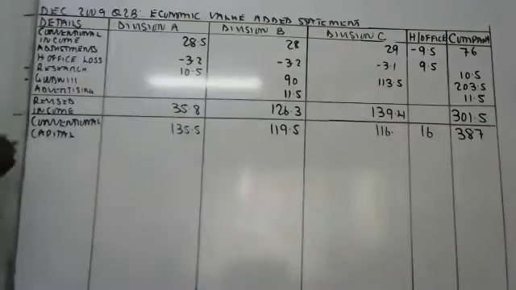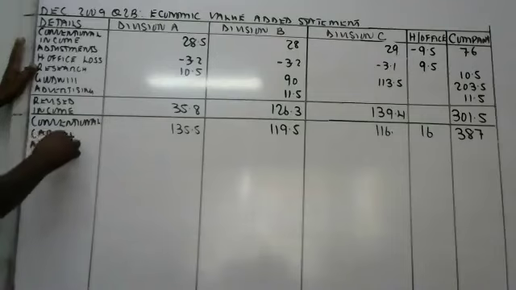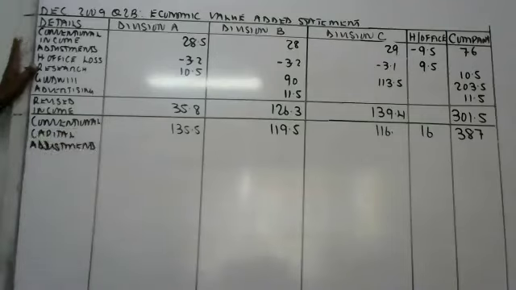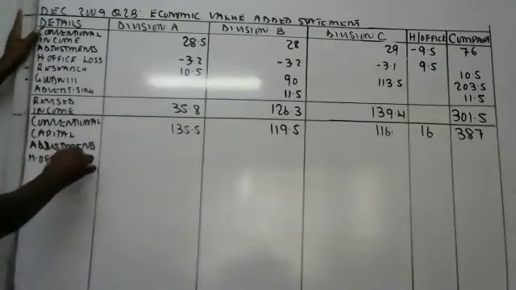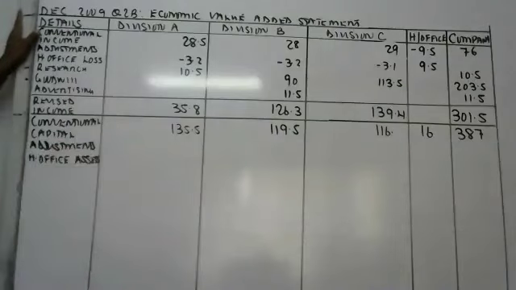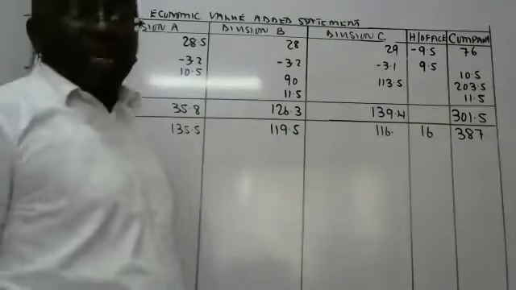Then we do the adjustments. As I said, the very first thing is if there is anything in the head office. So the head office assets, we advise that we share equally.